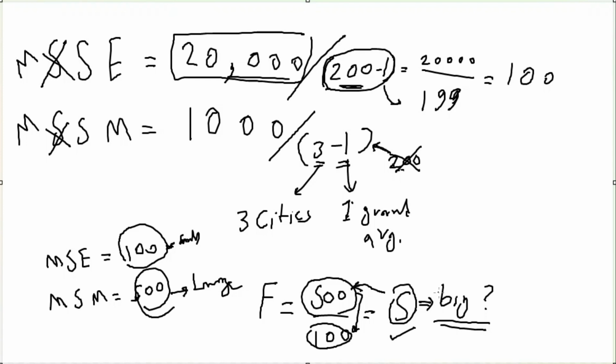Okay, let's make a new page. So we can't decide. We have an F ratio of 5. Is it large? We can't decide. The solution for this is to convert this to p-value.